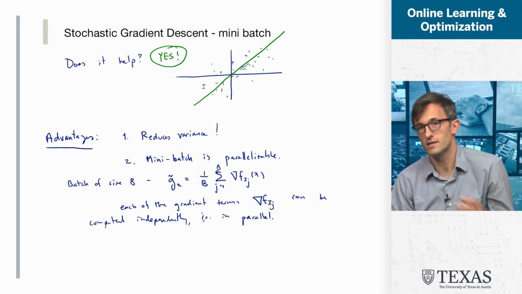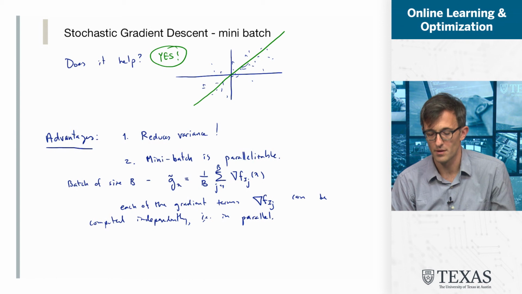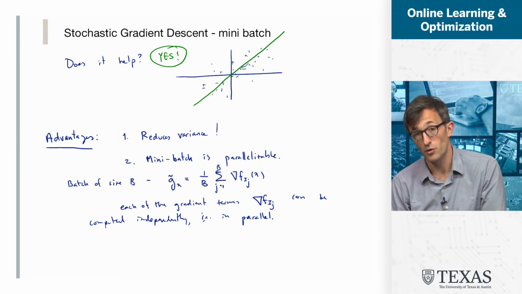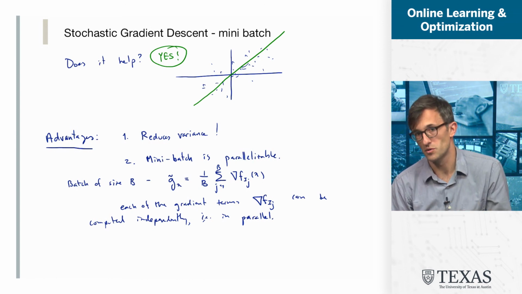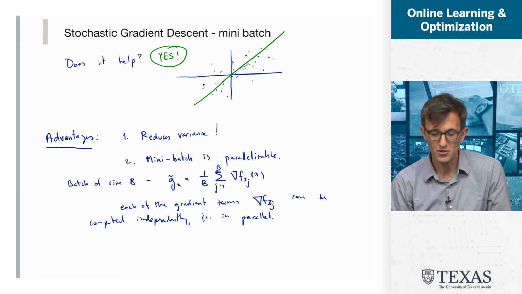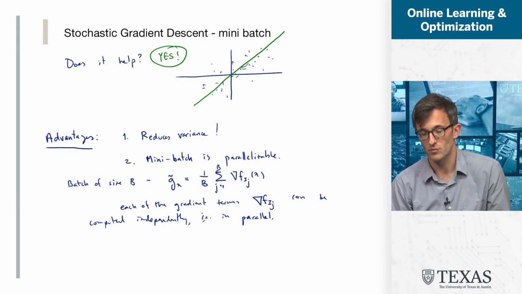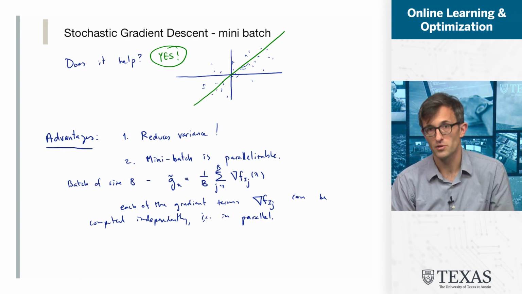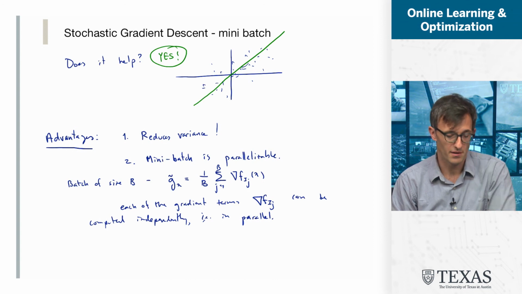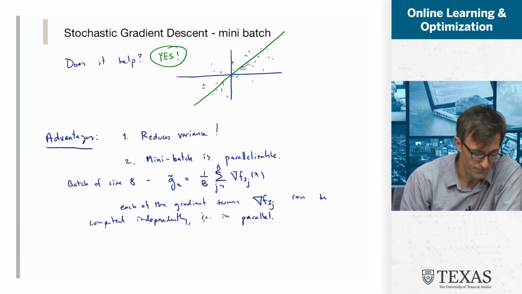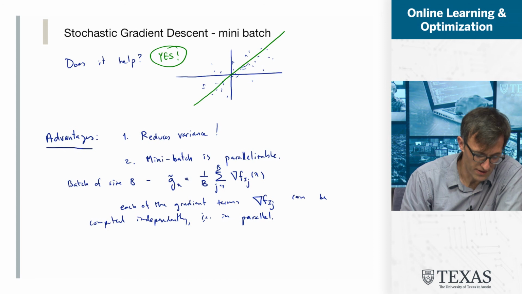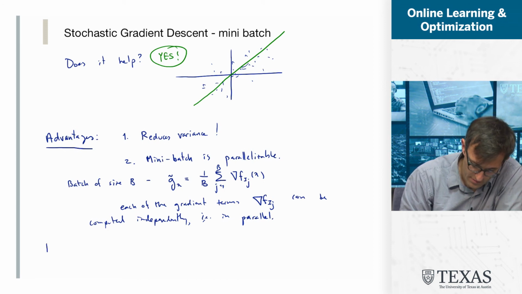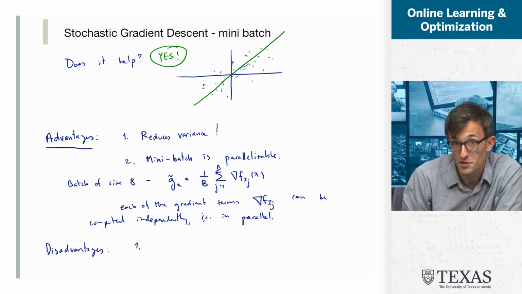So even though gradient descent is an inherently serial algorithm, if we're using larger mini batches, this offers us the opportunity to parallelize. Especially in the context of neural networks, which we haven't discussed too much, these gradient computations are actually very expensive. So this is a great opportunity to exploit parallelism. So these are key advantages. The disadvantages, well, naturally, it requires more work.